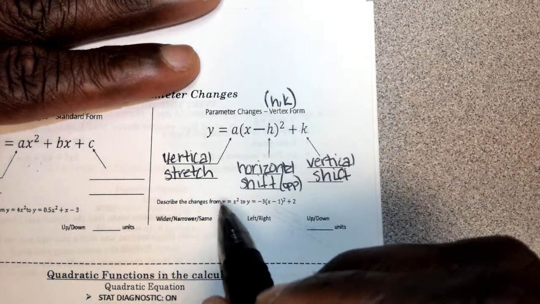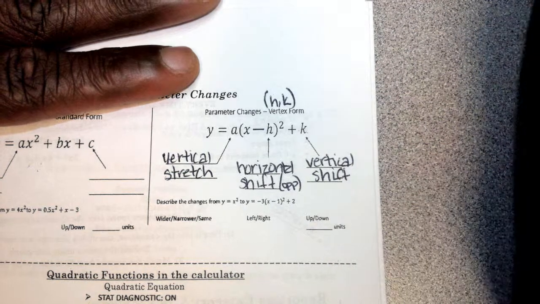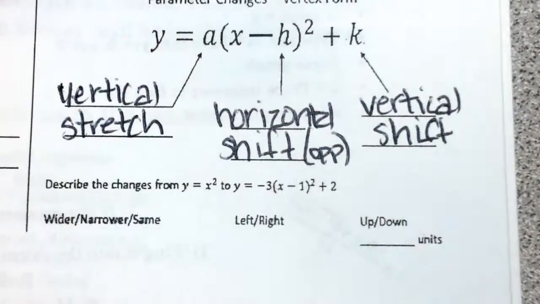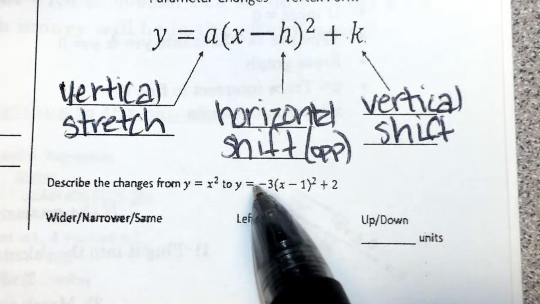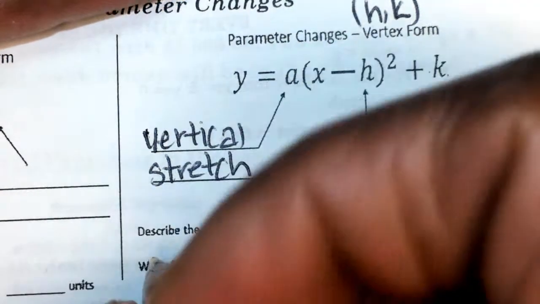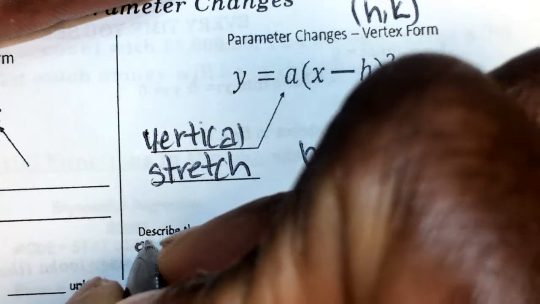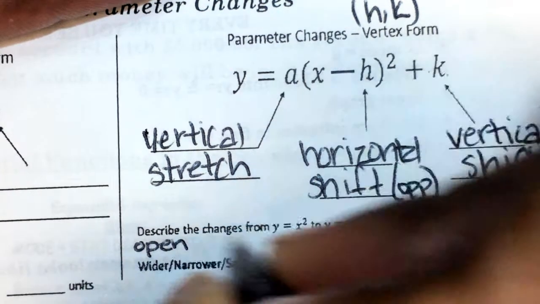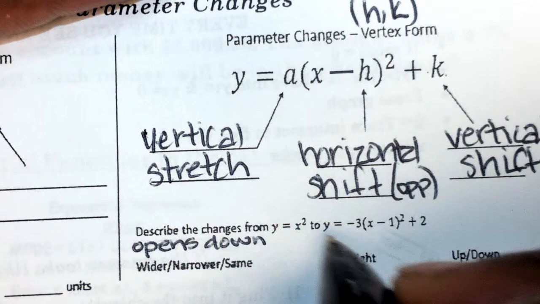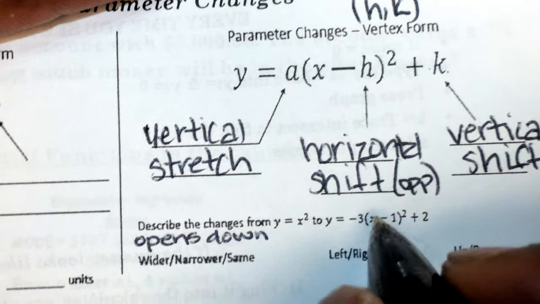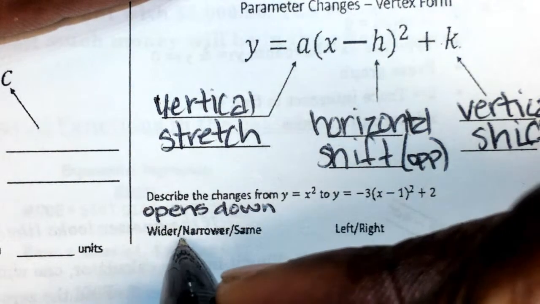So if I'm looking at my parent function, y equals x squared, and I'm going from that to this, what are the transformations? One, it doesn't have a space for this, but it's going to open down because of that negative. All the negative tells you is what direction it opens. Opens down. And since it's going from 1 to 3, remember, greater than 1, it's going to get narrower.